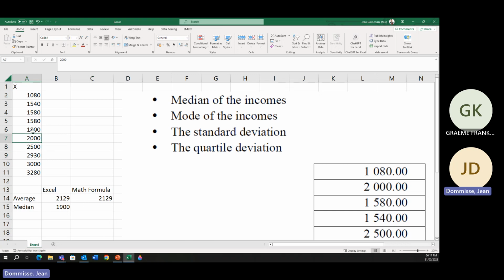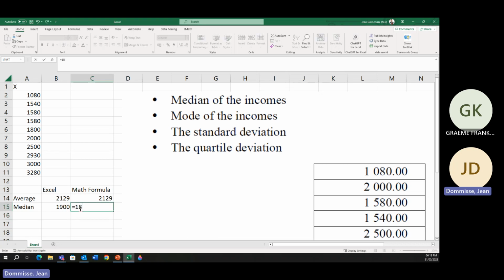So we work out what is sitting in the middle of those two values. In between 1800 and 2000 is 1900.